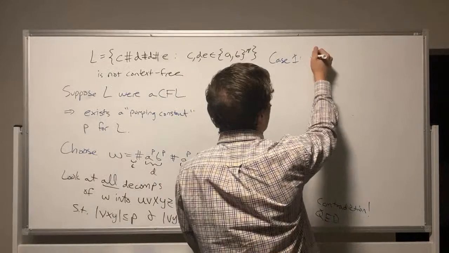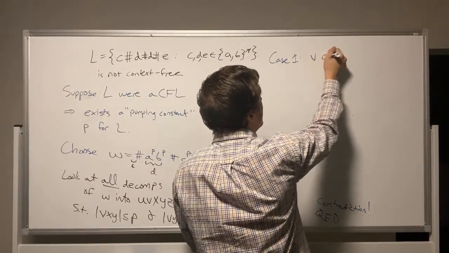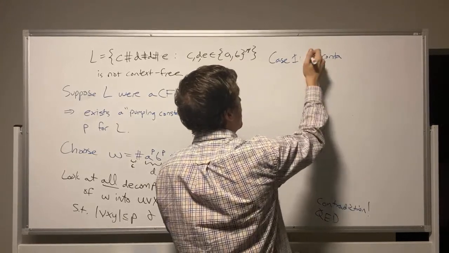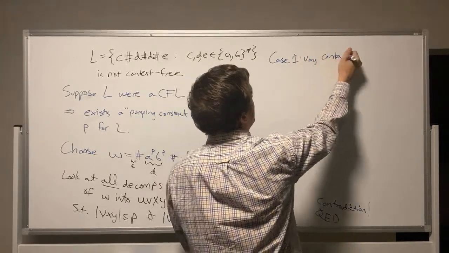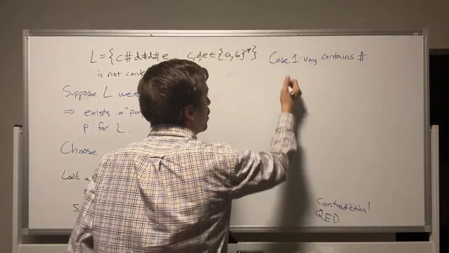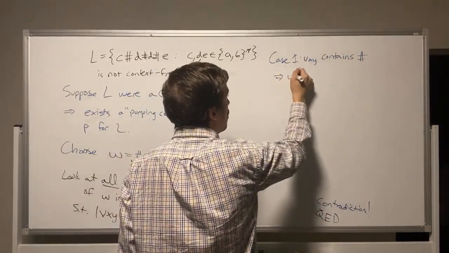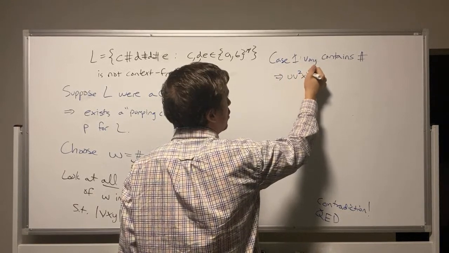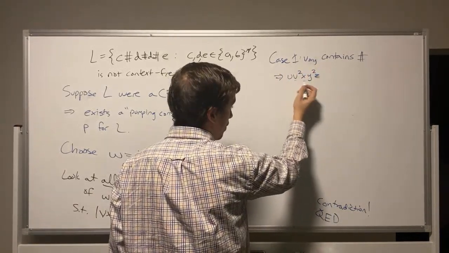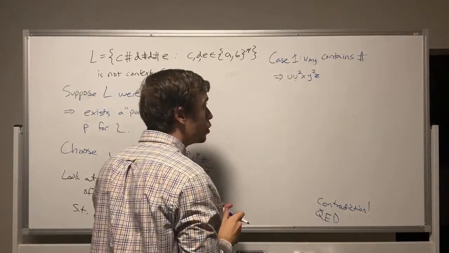So case 1 is that V, actually I'll say V or Y, contains a pound sign. And so we have U, V squared, X, Y squared, Z. So this is 1 more copy of V and Y each.